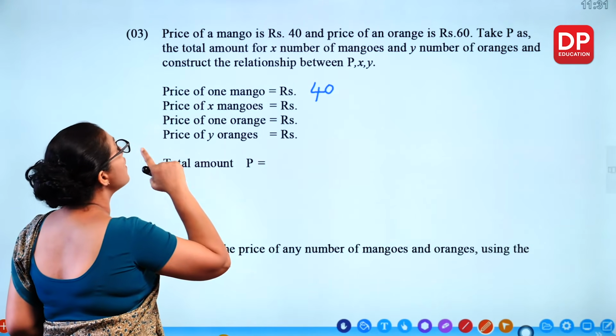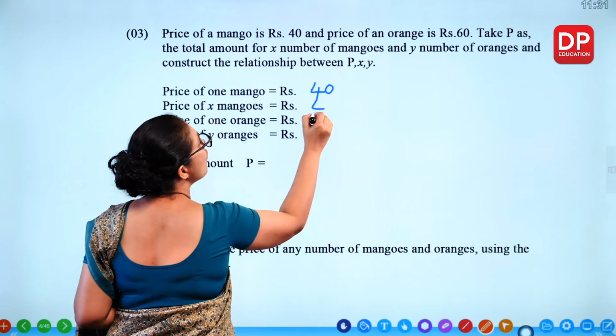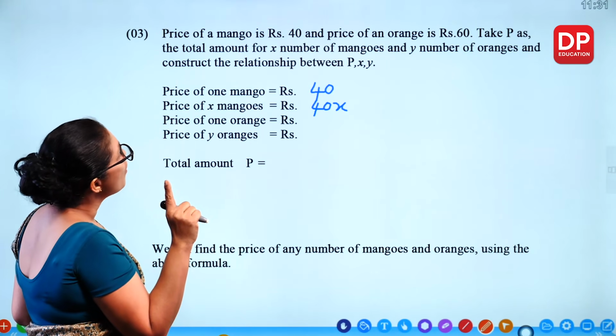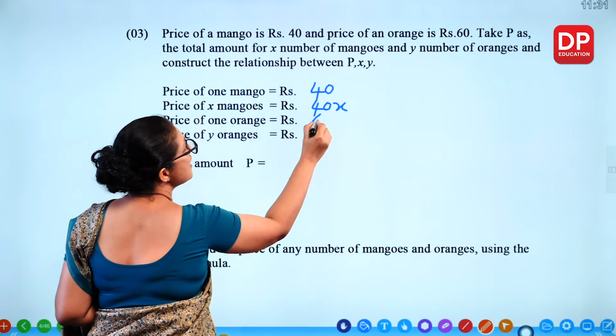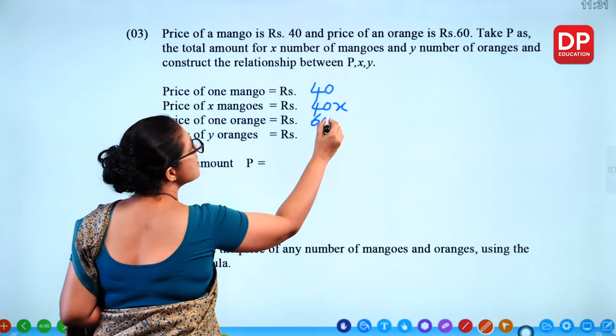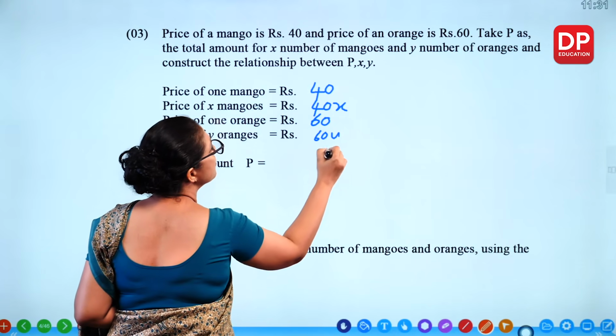Price of X mangoes? 40X. Price of one orange is 60 rupees. Price of Y oranges, that's 60Y.